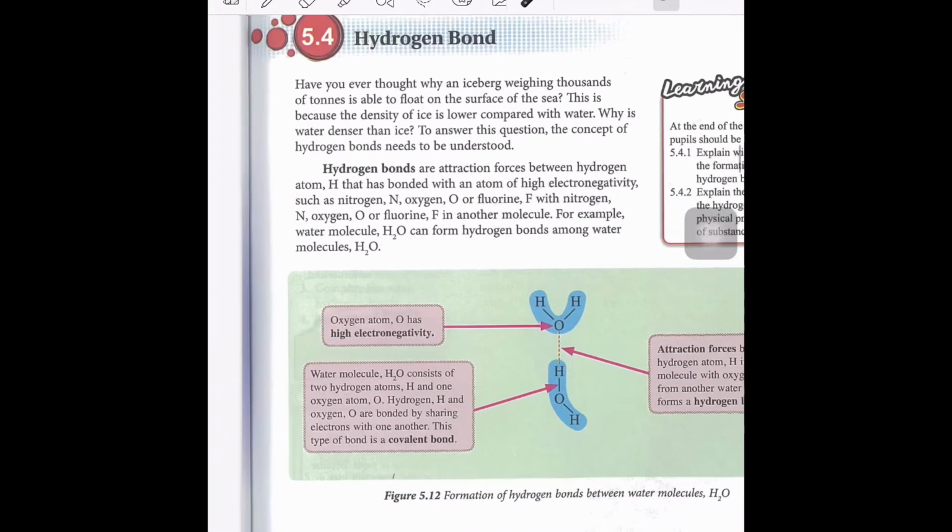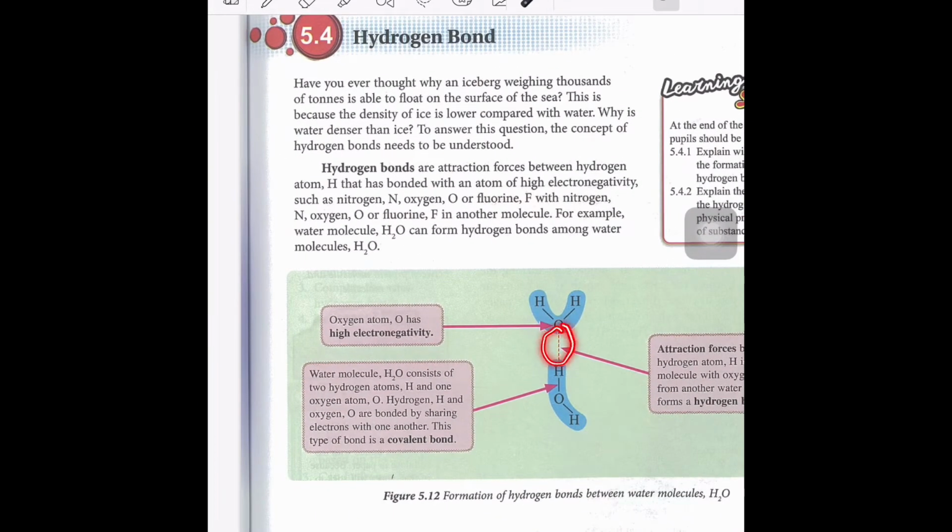This is hydrogen bond, attraction force between hydrogen atom that has bonded with an atom with high electronegativity. You see this hydrogen atom here. This is hydrogen atom and it is bonded with O, sama ada with O kah, with N kah, ataupun with F. There are 3 types of atoms with high electronegativity.